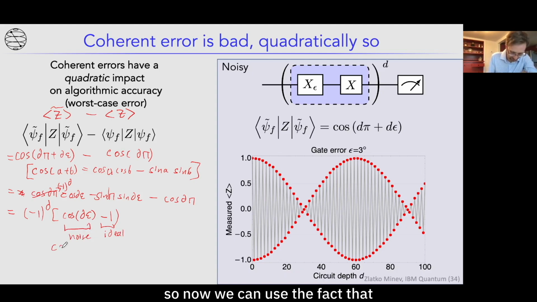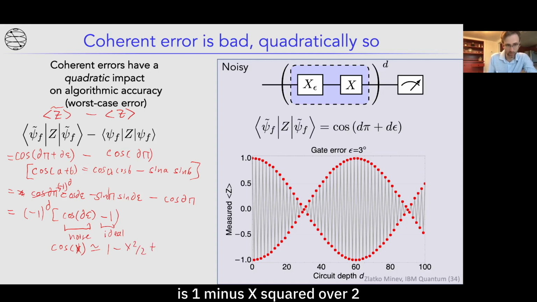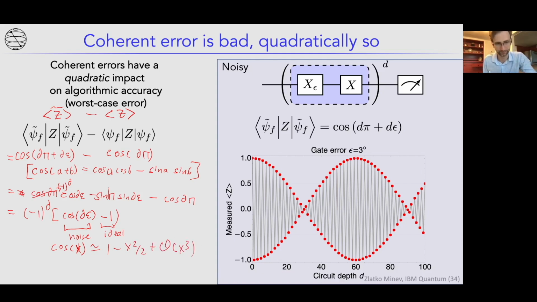So now we can use the fact that cosine of x, to lowest order in the Taylor series expansion around x equals 0, is 1 minus x squared over 2 plus some other things of at least order 3.